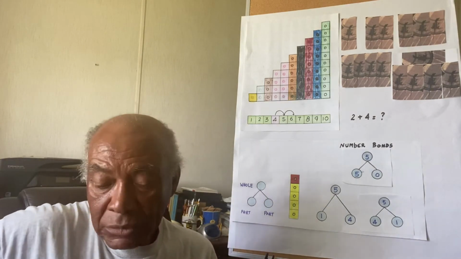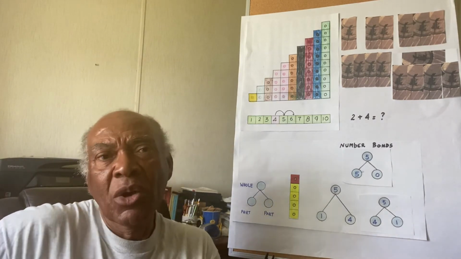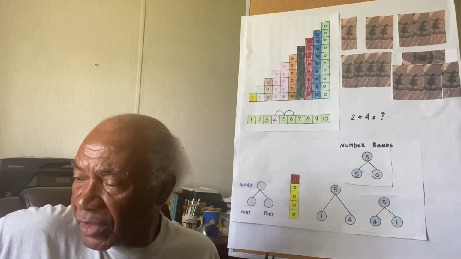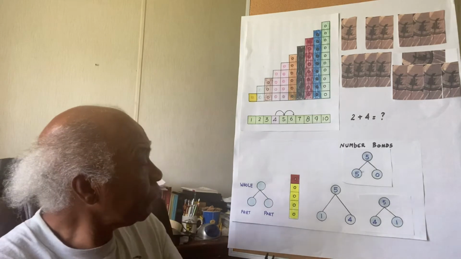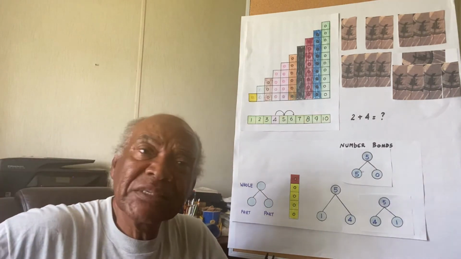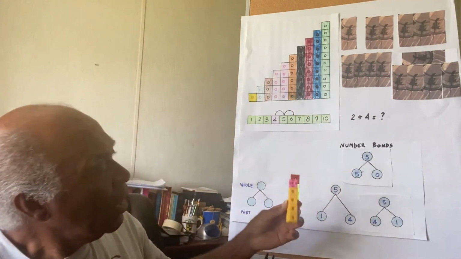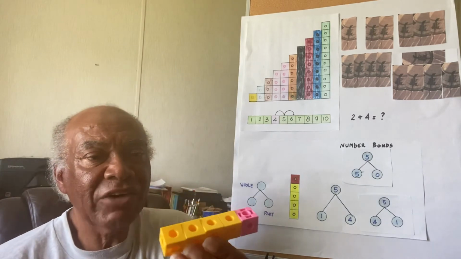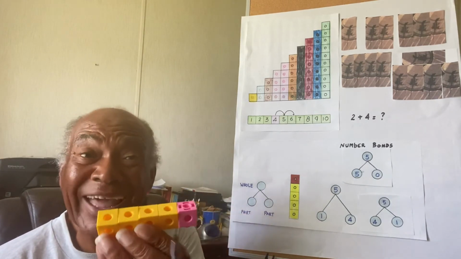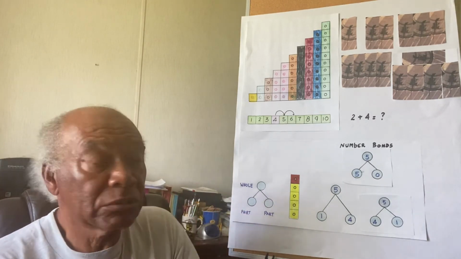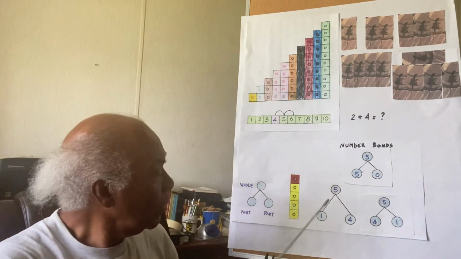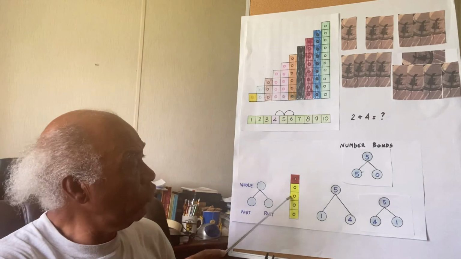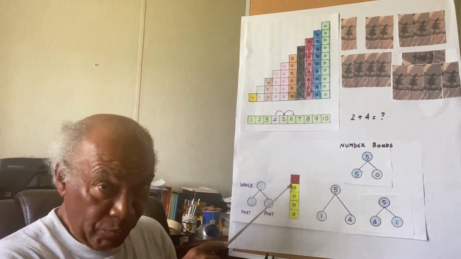Now, if I take one of those off, and I say to you, see, now I have 1, 2, 3, 4, and I added the pink one. Let's just say this is pink, okay? 1, 2, 3, 4, and pink.